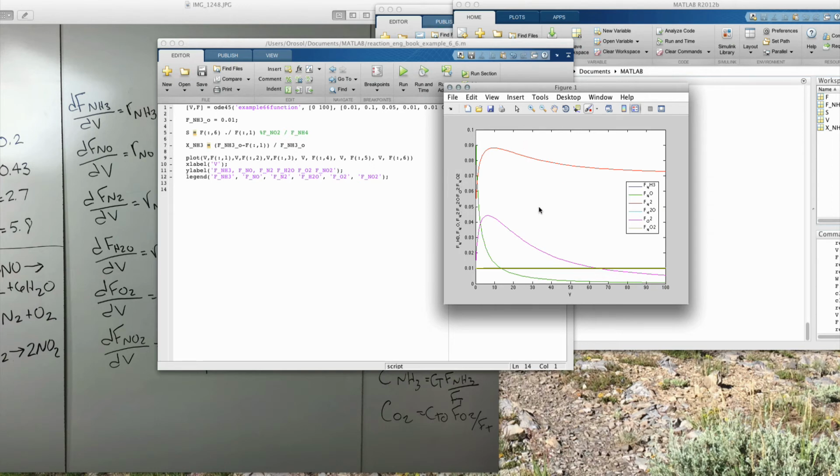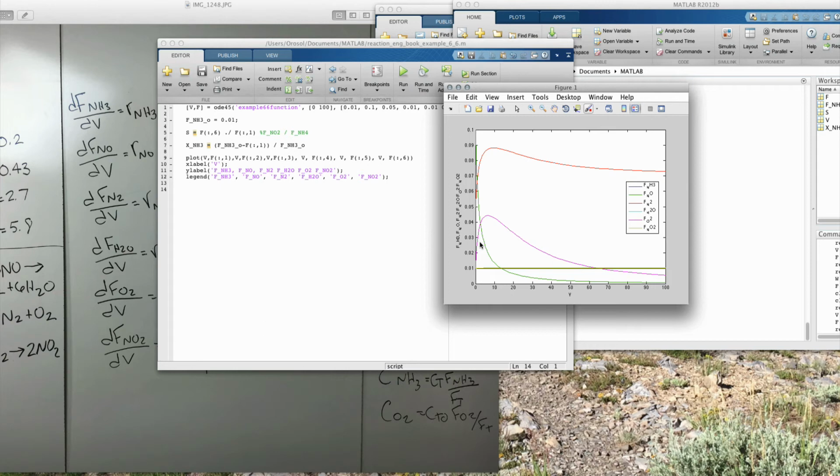So this is the plot you get, and you can already see that the conversion for NH3 is really low, but just eyeballing some of this other stuff, since I haven't seen a solution for this and it didn't give the initial concentrations or final volume, I'm not really sure how this is supposed to look.